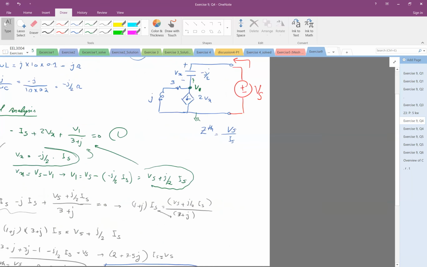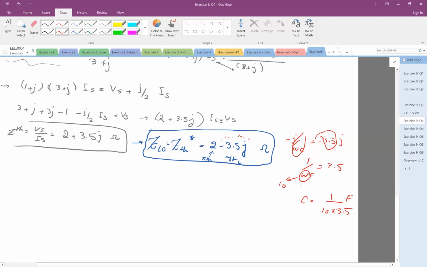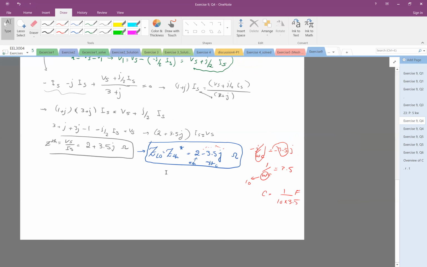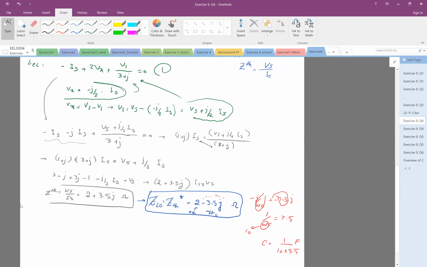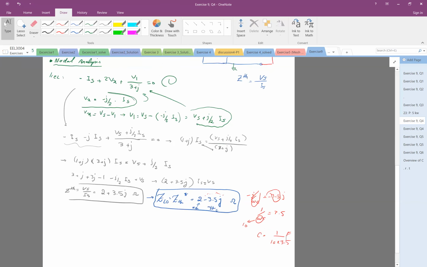Then you can find C. This is fine. Okay. So far the problem didn't ask us, but just like a side thing. So this is Z Thevenin. This method, again, was a nodal analysis. I can also solve Z Thevenin, and again, practice using mesh analysis.